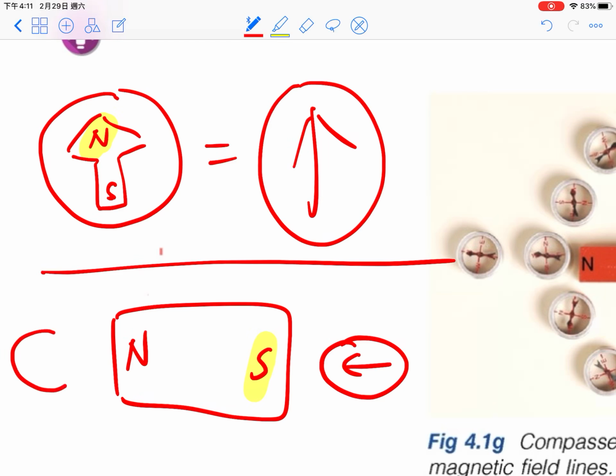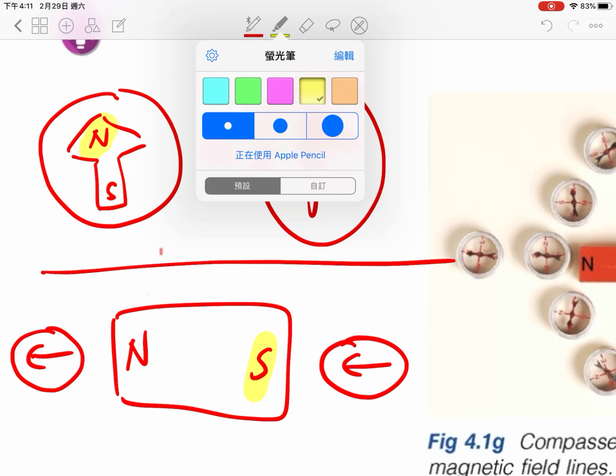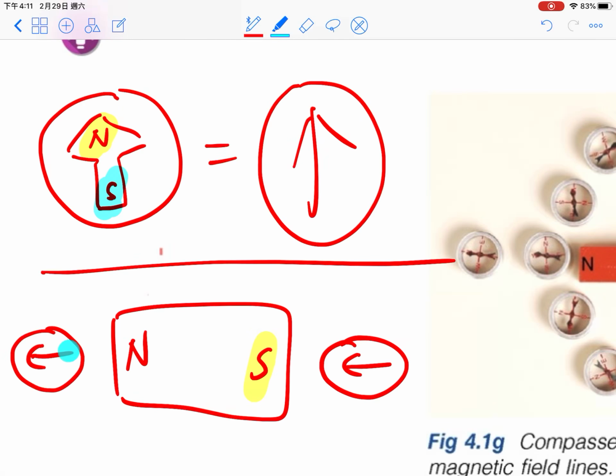And how about this position? What's the pointing direction? 3, 2, 1. Again, point to the left, because the tail of the needle of the compass is the south pole, so it should be attracted towards the north pole.